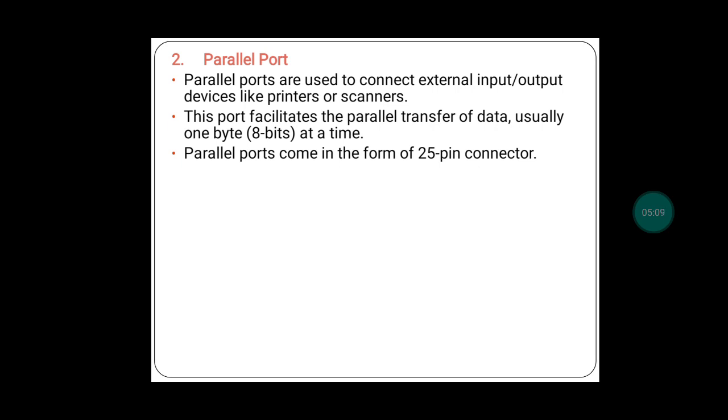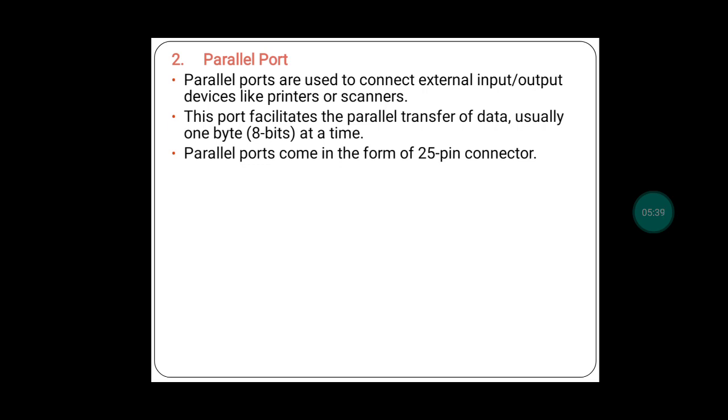So we saw in the serial ports data was transmitting only one bit at a particular time, but in the parallel port, parallel in the sense you can see multiple bit lines, multiple data transfer lines. Suppose if I want to transfer here 4 bits of data, that is 1 1 0 0, I can transmit all 4 bits at one particular time, at the same time.